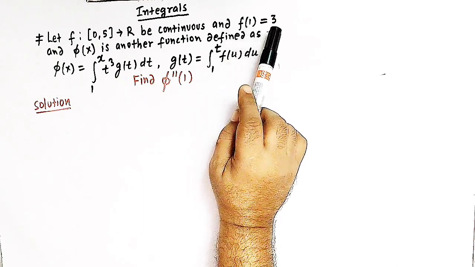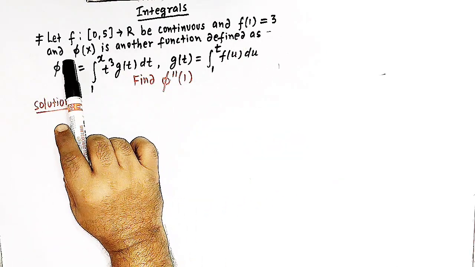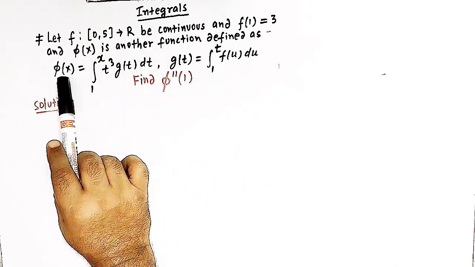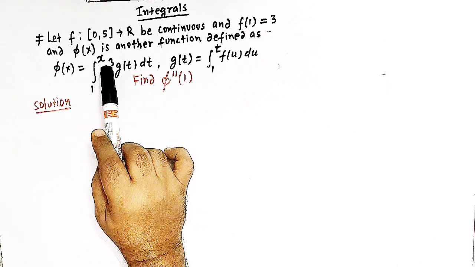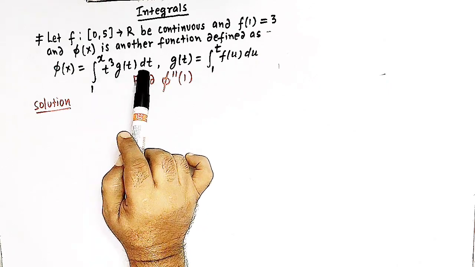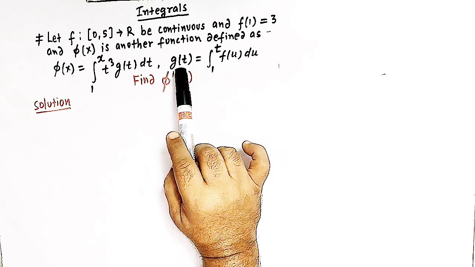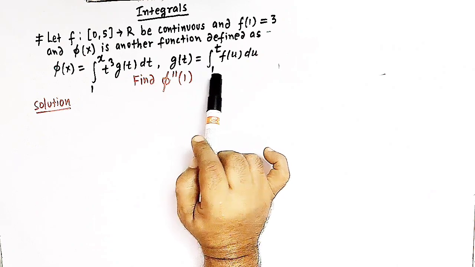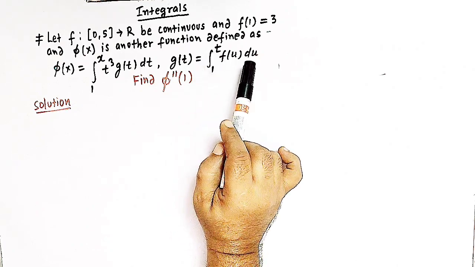and we are given another function phi of x, which is defined as phi of x is equal to integral 1 to x t cube g of t dt, where g of t is defined by this expression, that is g of t is equal to integral 1 to t f of u du.